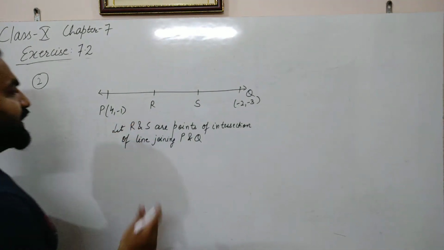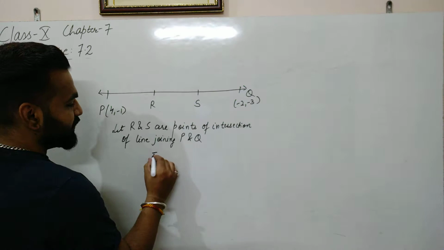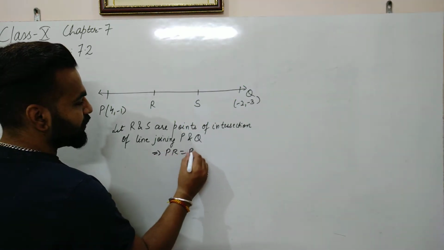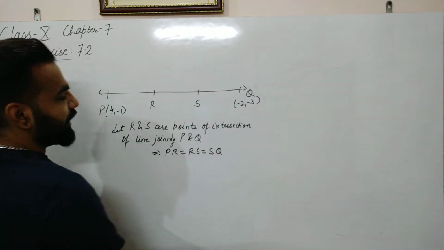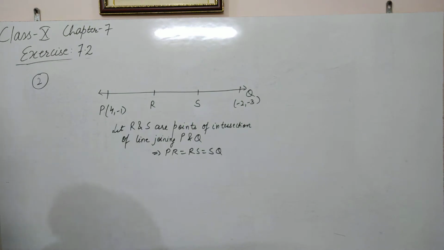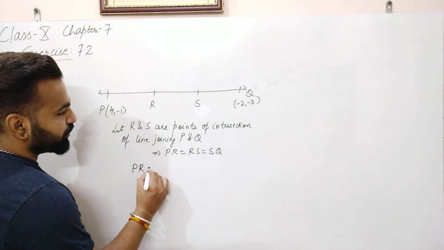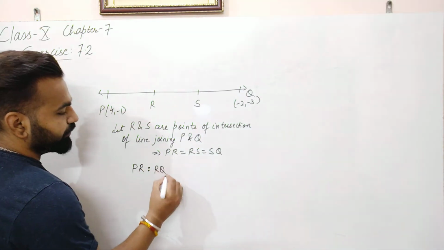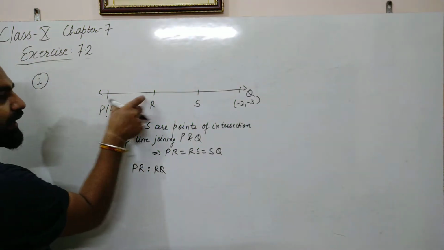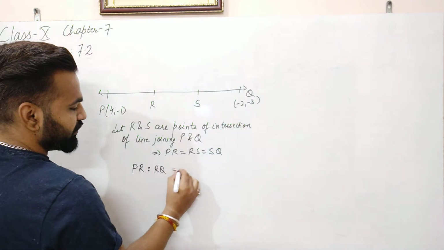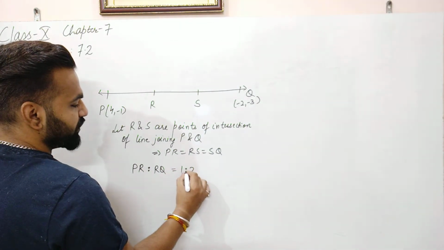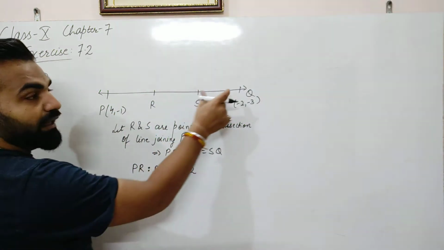Because it is trisecting, therefore PR is equal to RS is equal to SQ. From here we can see that the ratio PR to RQ, this part and the remaining part, will be 1:2. There are total 3 parts here.